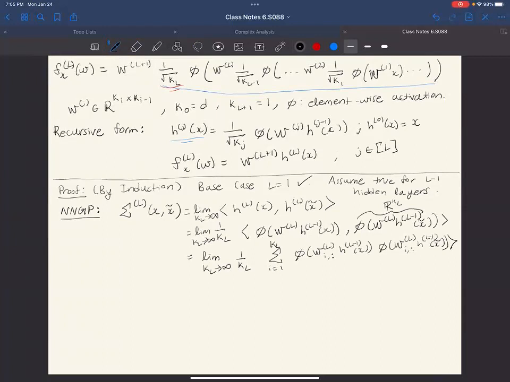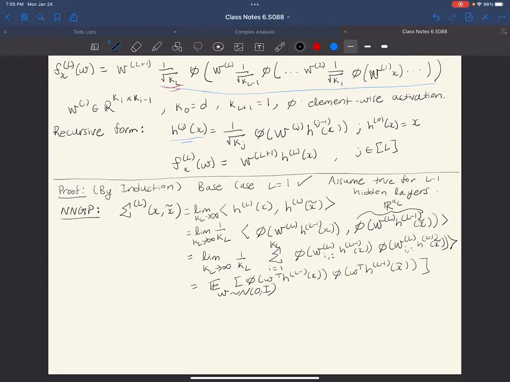Okay, and so we can write this as an expectation over some isotropic vector W, and this is exactly W transpose H L minus 1 of x, phi of W transpose H of L minus 1 x tilde. Oops, not an inner product here, it's just an expectation.